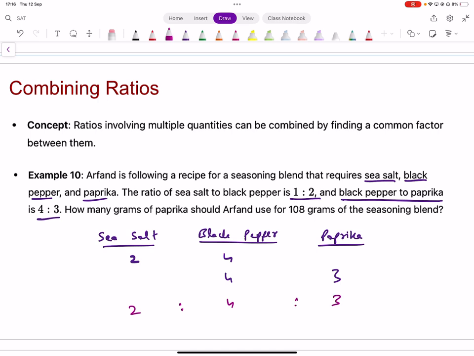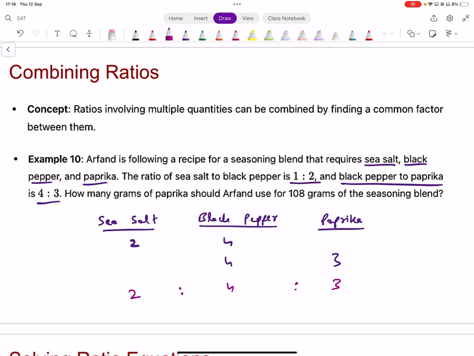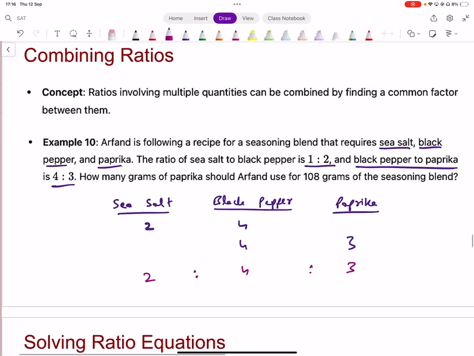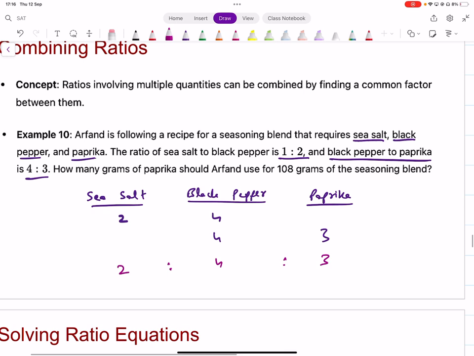So when you have to connect multiple ratios, you look at what is common between them and try to make that number the same. Is that okay? So this was 1:2 earlier. We wrote that as 2:4 so that this number becomes the same in both of them. Any problems with this?